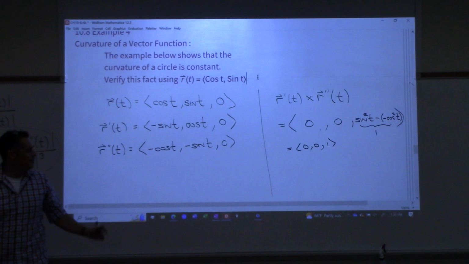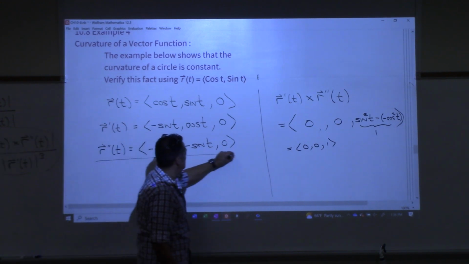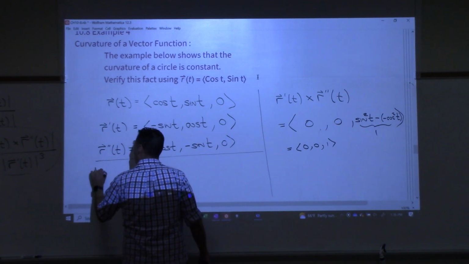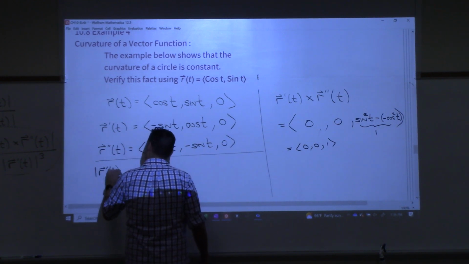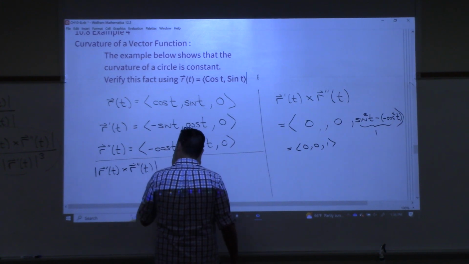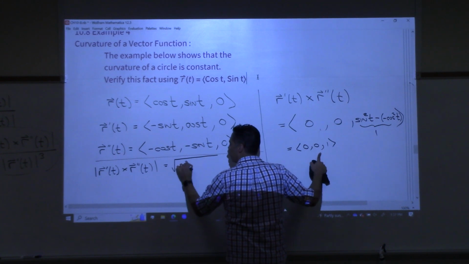Okay, that's the top. That's this piece right here. Now we need the magnitude still. So I'm moving along. Let's find the magnitude of that. The magnitude of this cross product should be the magnitude of this vector, which is the square root of 0 squared plus 0 squared plus 1 squared.